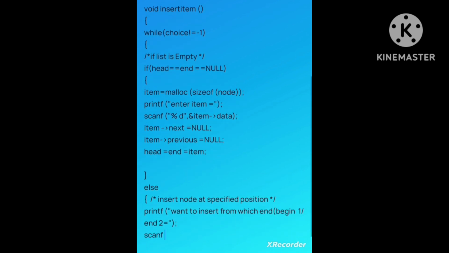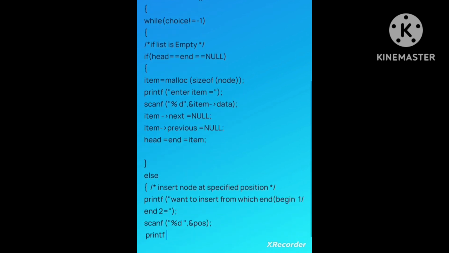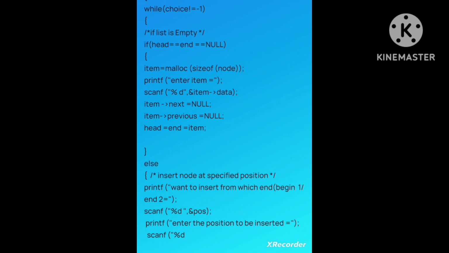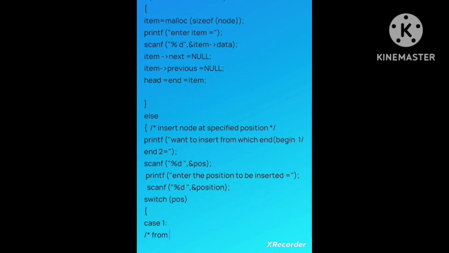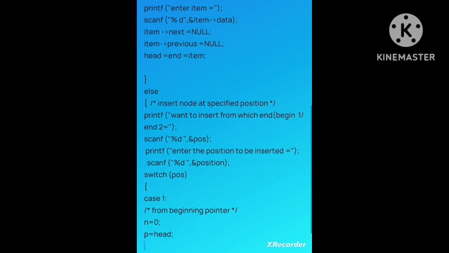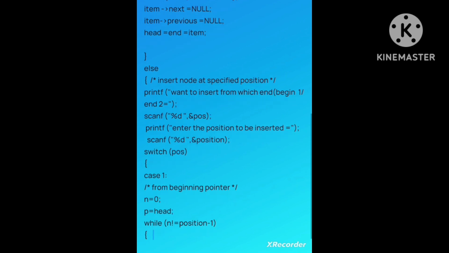Else the function will ask for the position at which the node is to be inserted. Now two cases will arise here. The first case is if our position is from the forward direction, that is from the beginning of the list. That is, we have to insert the item from the forward direction.